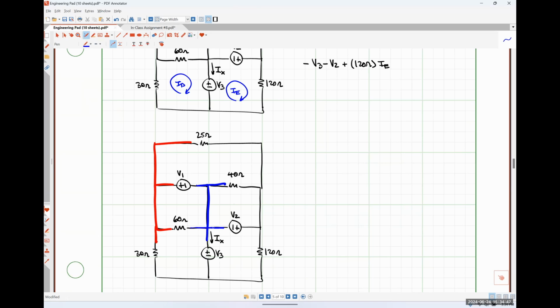That's one node. That's one node. And that's one node. So right from the jump, we can see that if we do nodal analysis, there are significantly less nodes than there are meshes.